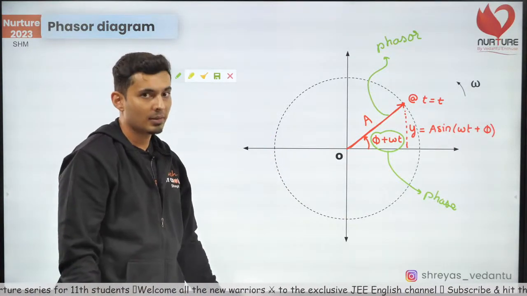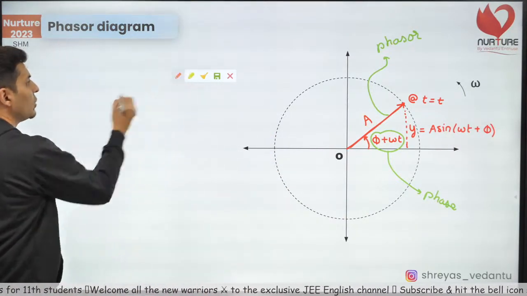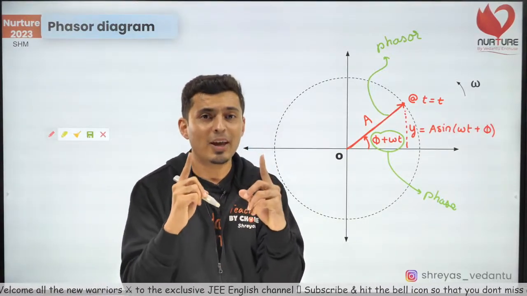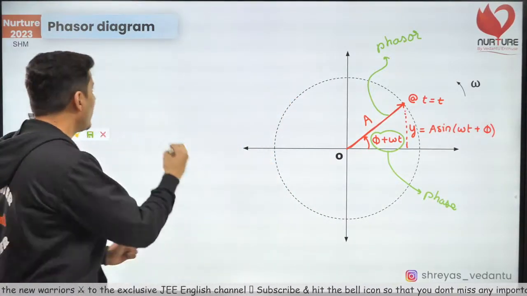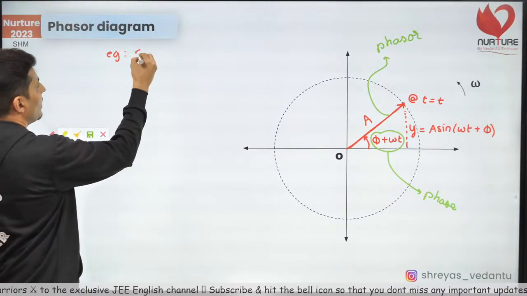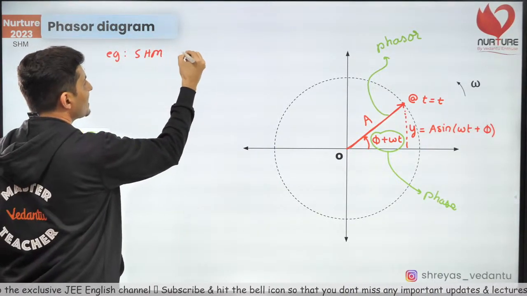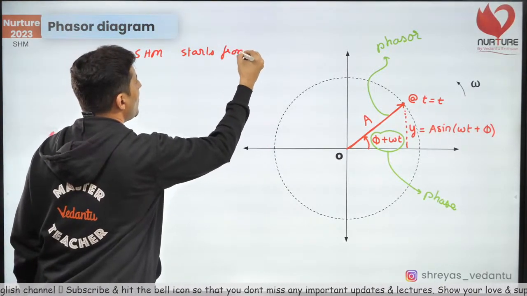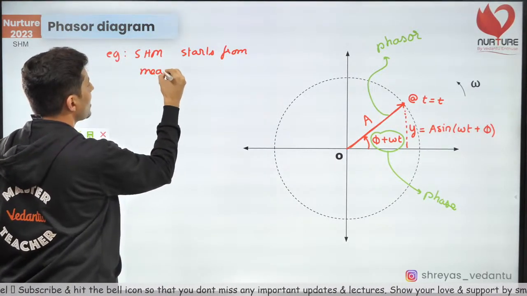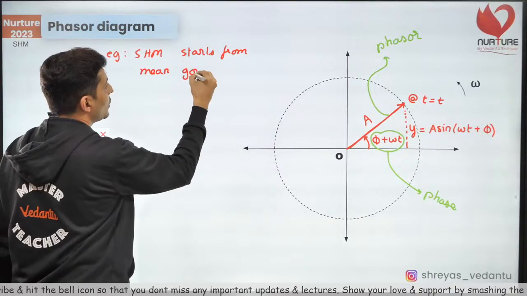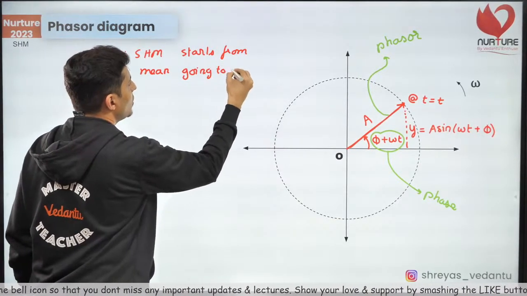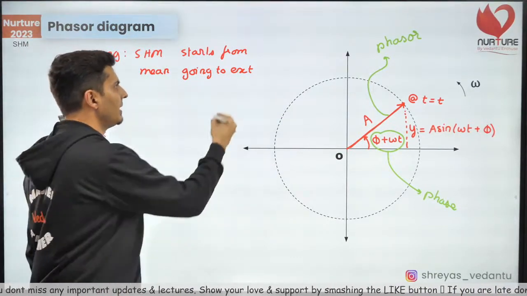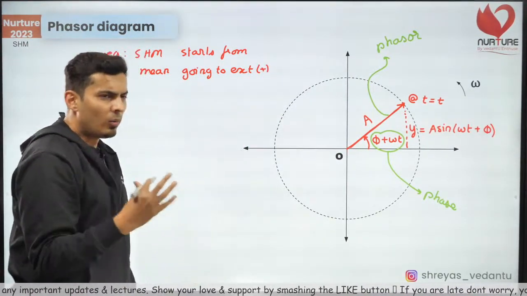As simple as that. Now, if I ask you, just imagine how will the phasor look like for a particle, example, for a SHM, which starts from the mean and going to the extreme side on the positive side. How will it look like?